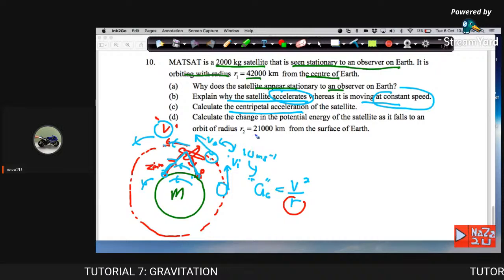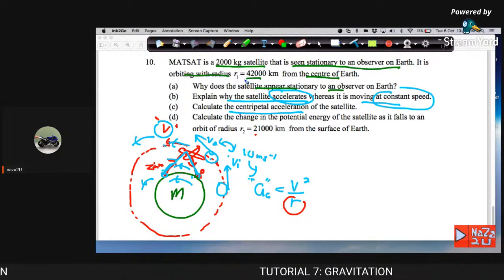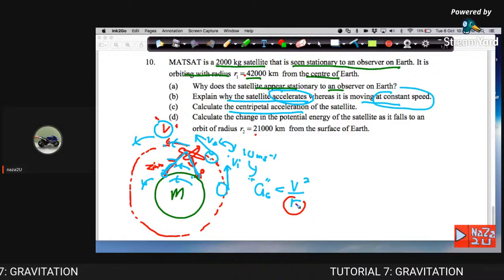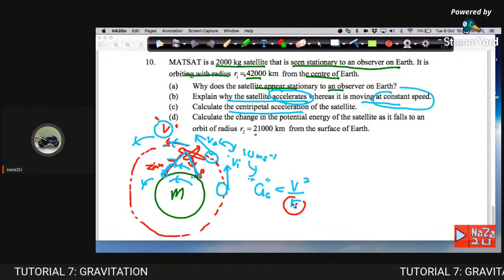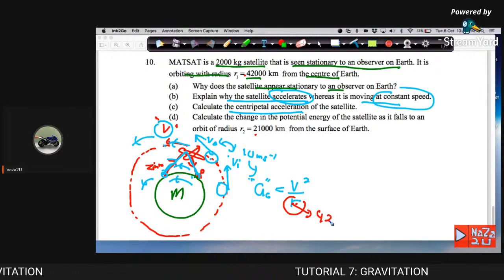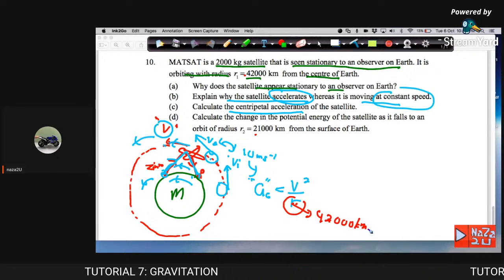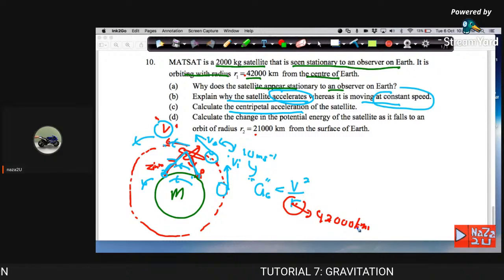Radius 42,000 is kedudukan satelit. Jadi r here is from the center of the Earth, and its radius. Sini terus kita pakai 42,000 kilometer. Right? So mesti tukar pada meter lah kan.